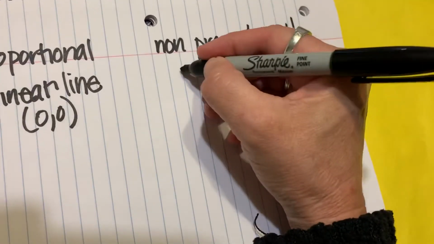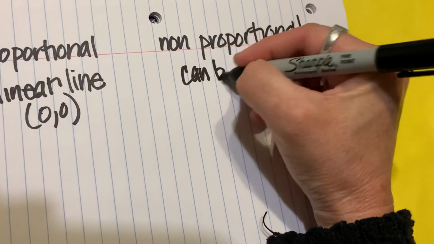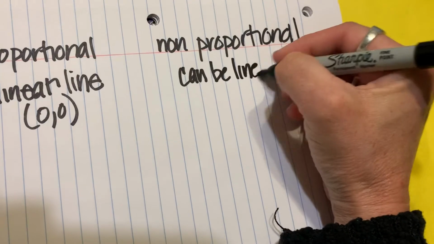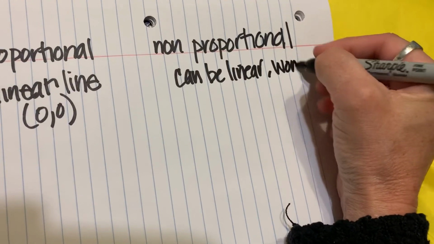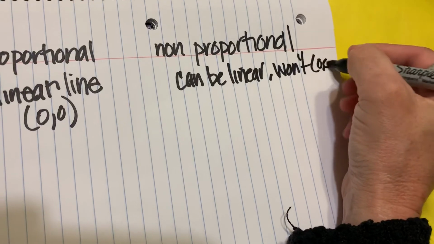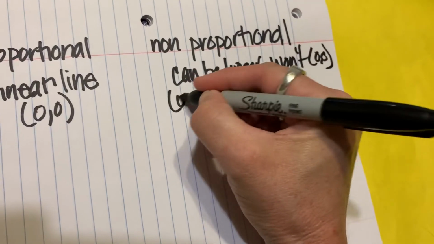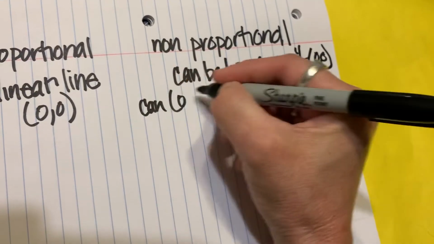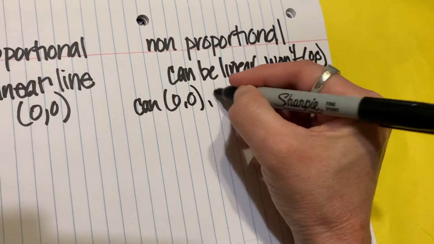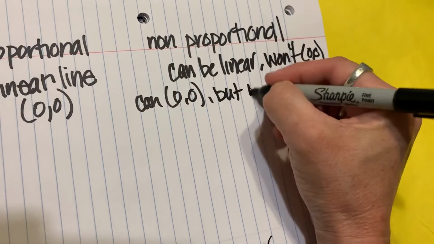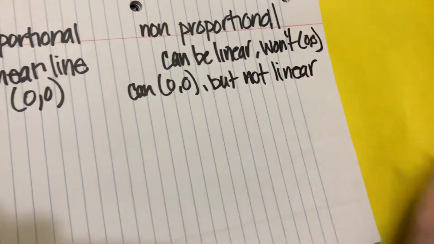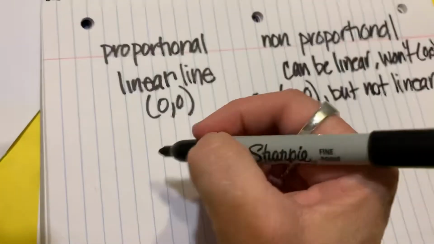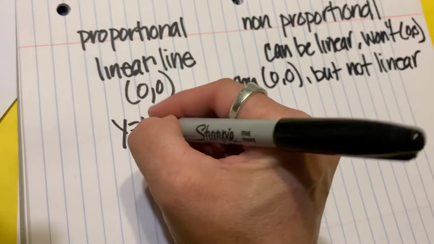Non-proportional can be linear, but it won't go through the origin. It can go through the origin, but not linear, okay? Proportion can be written y equals mx.